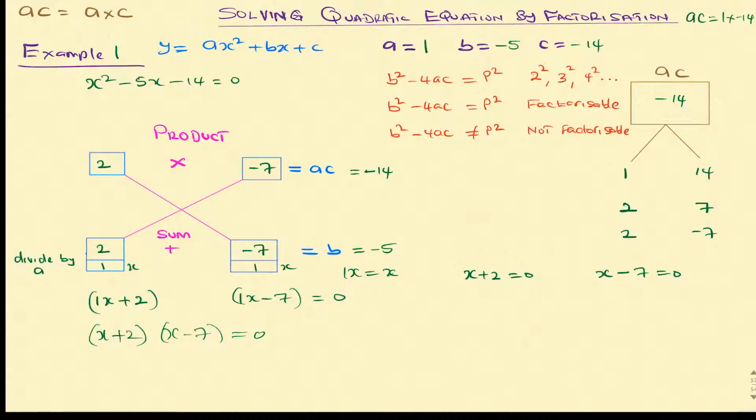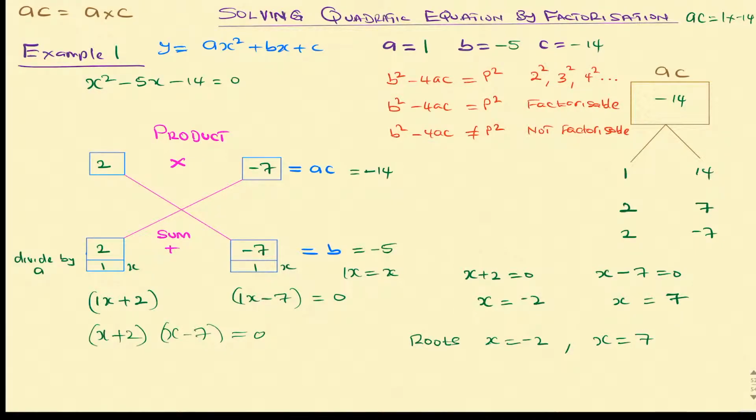Take away 2 from both sides: x equals minus 2. And add 7 to both sides: x equals 7. So the roots from the 2 factors are x equals minus 2 and x equals 7.